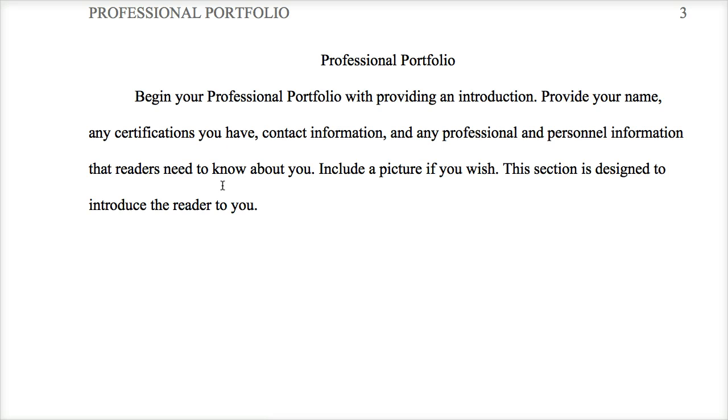So the first thing you're going to start off with in your professional portfolio is an introduction. Keep this title right here. This is where your title shall go. Professional portfolio, and you're going to begin your professional portfolio providing an introduction.